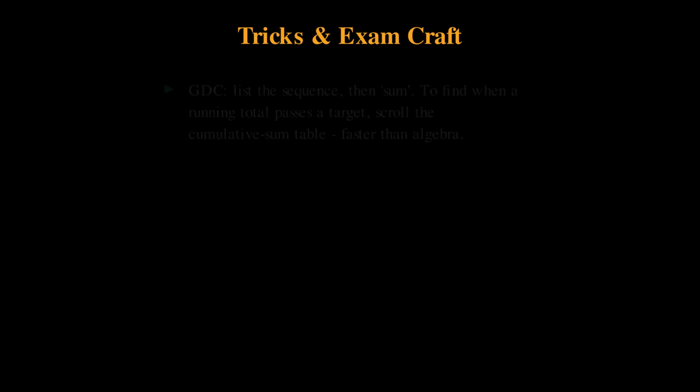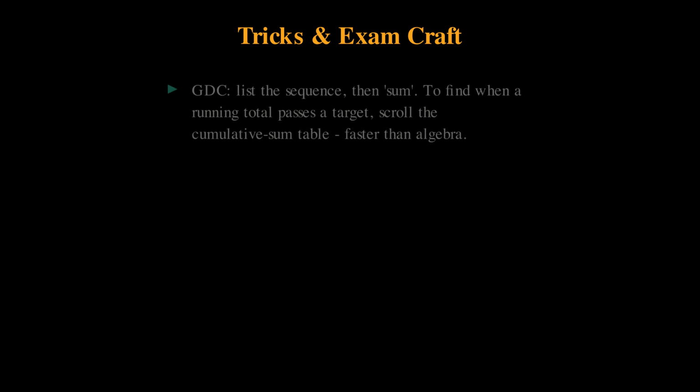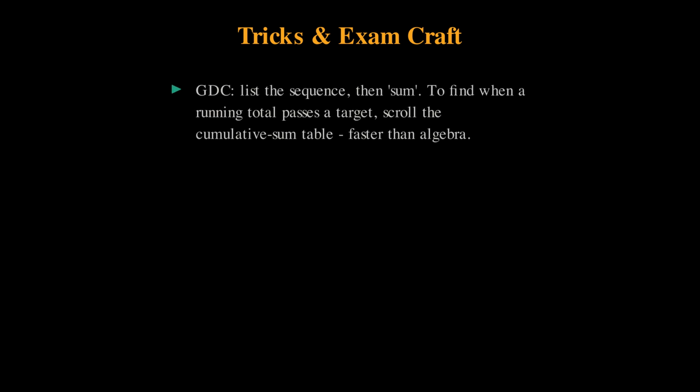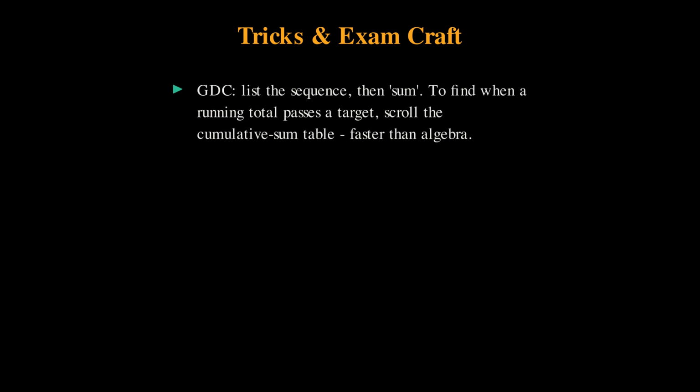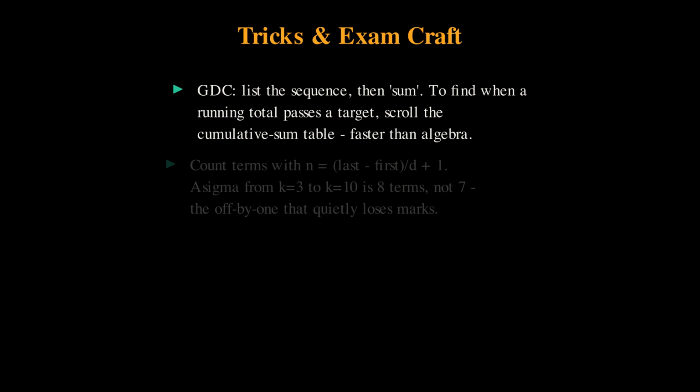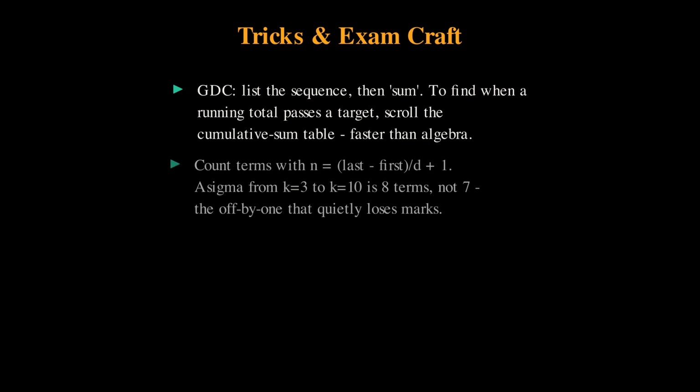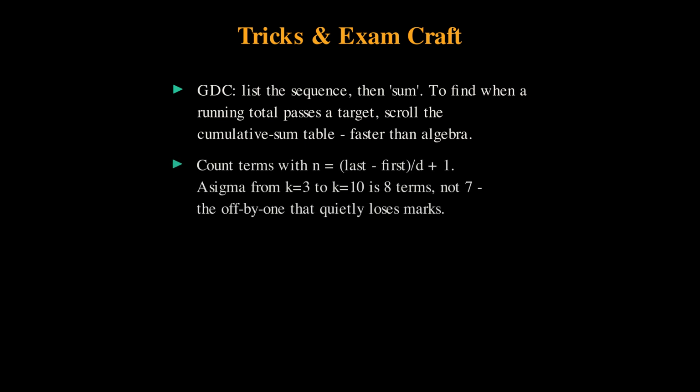Now the part other channels skip, the exam craft. First, your calculator. You can list a sequence and sum it directly. And to find when a running total first passes some value, just scroll the cumulative sum table. Much faster than solving a quadratic. Second, counting terms. It's last minus first over d, plus 1.